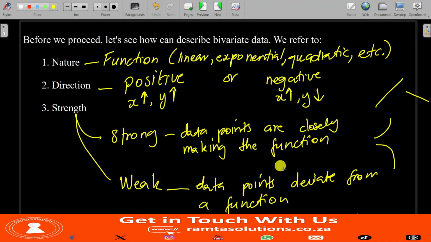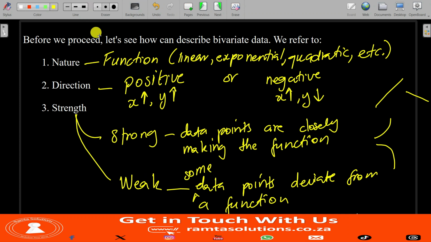When it's weak, it is still making the function, but some points, maybe many points, are deviating from the function. Alternatively, you can say this is when the data does not conform to a function.